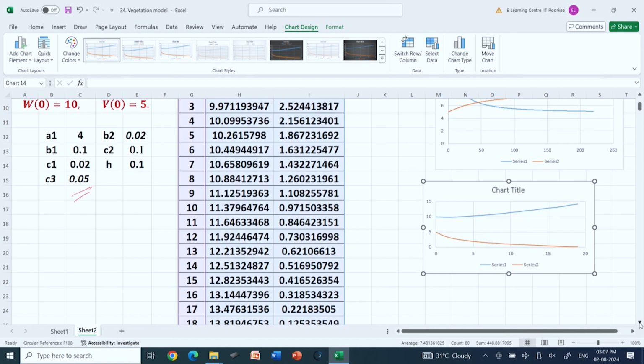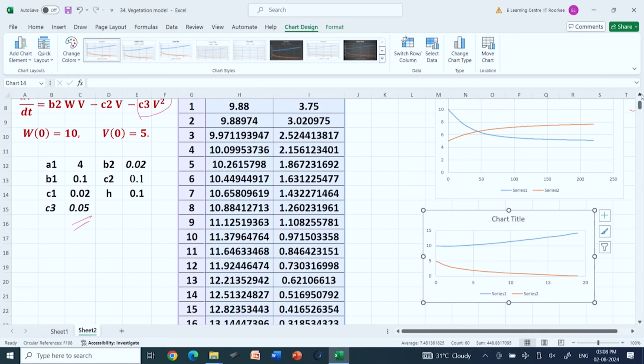If I compare with the previous case, what is happening in this particular case? What we see here is that due to this competition term, the vegetation do not get enough water and hence they die, and hence the water level also increases. But this is not what we really want, this is just a case where we take into consideration the competition among the vegetation.